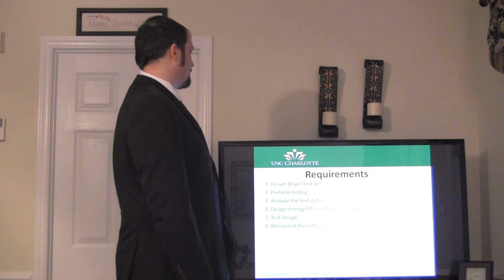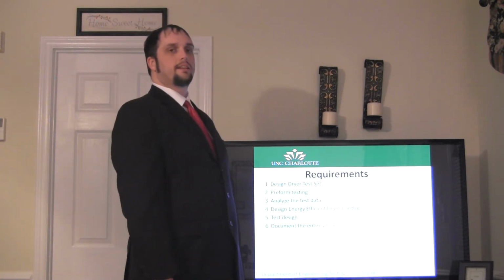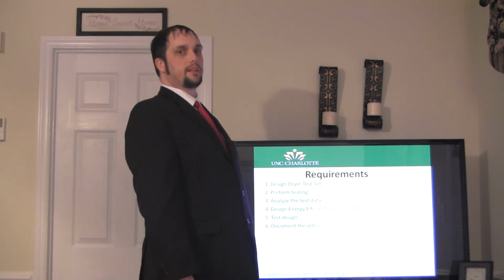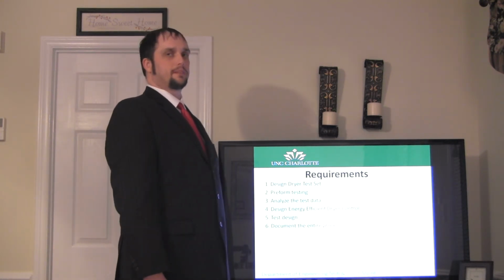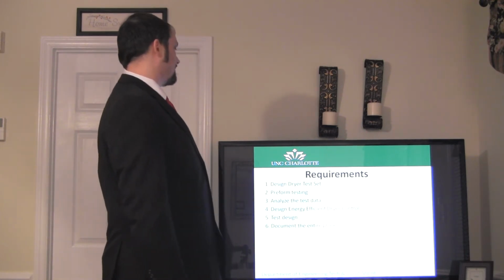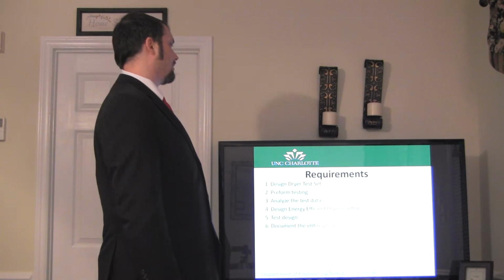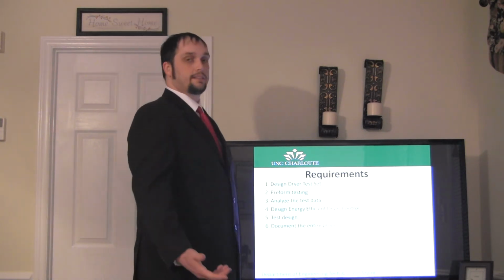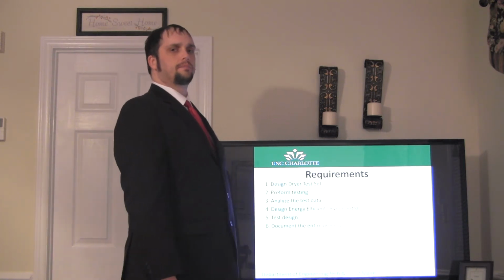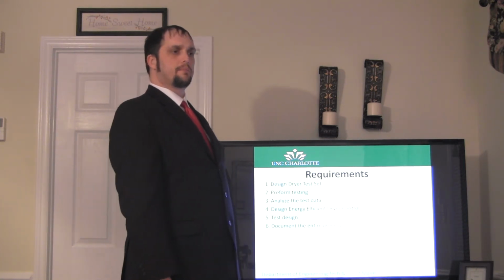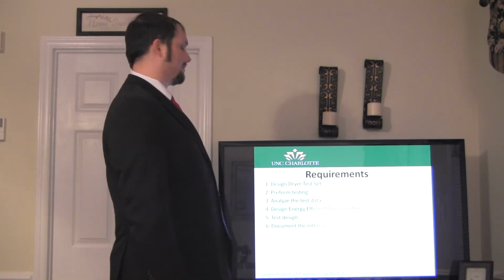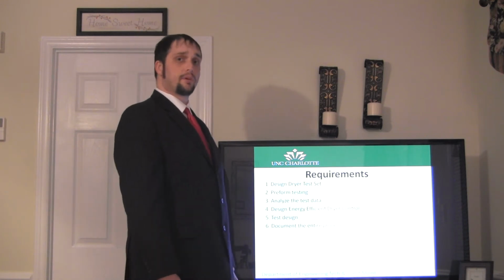The third requirement is to analyze the test data. We'll review the sensor parametric data to establish limits for the attachment and the attachment control. The fourth is to design an energy efficient dryer control, and that is the attachment that I just mentioned. And we'll design a prototype, and once we design the prototype, it'll take us to the 5th requirement, which is to test the prototype.